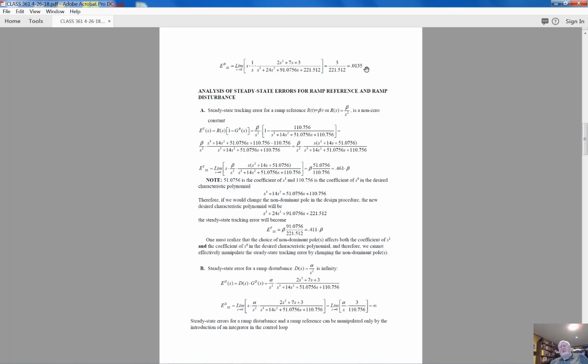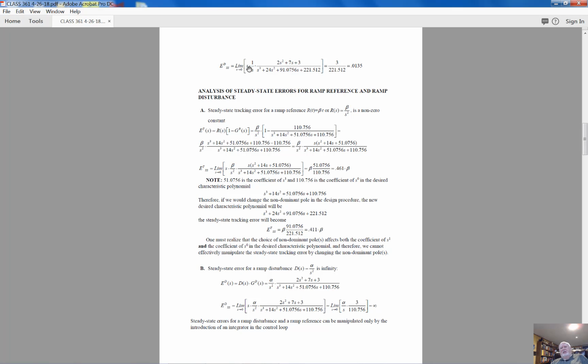They both will be different, but I'm not that much interested in the transfer function for reference, because the steady state tracking error was equal to 0, and it still will be 0, regardless of the choice of non-dominant pole. However, the disturbance steady state error now will have a different value.